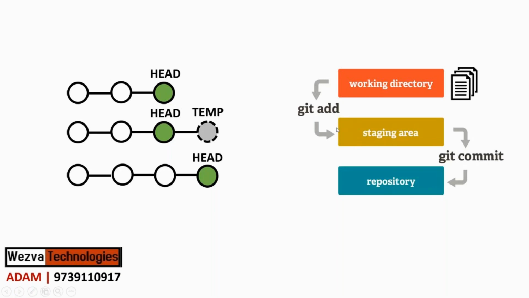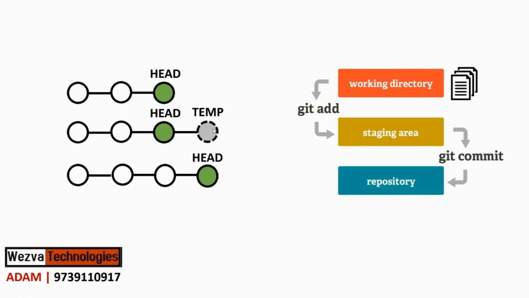There is already something stored in the staging area. Even though you have added into the staging area, there is a temporary reference created in the repository. So you have to remove all of them, because remember, you are able to see the files in the working directory only because the head reference is pointing to some commit ID. So now what is happening? The temporary reference is there.